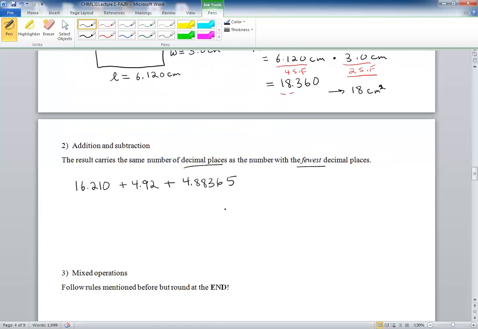Well, you have a choice here. You can count the least number of decimal places in each and just round at the end, or you can actually line them up. So I'm going to line them up the same way.